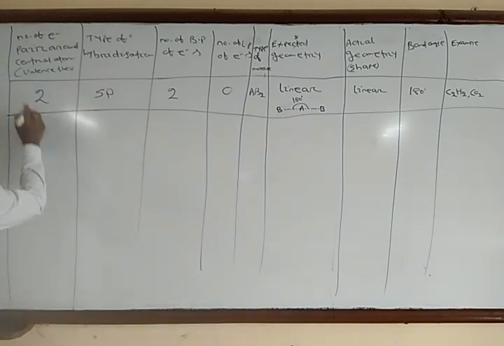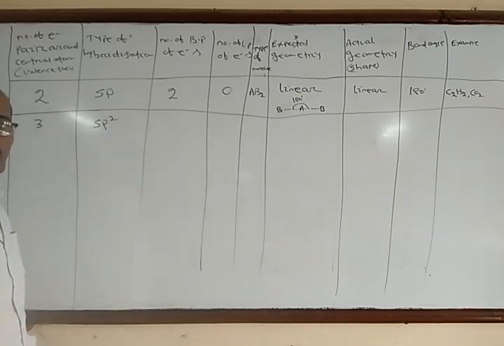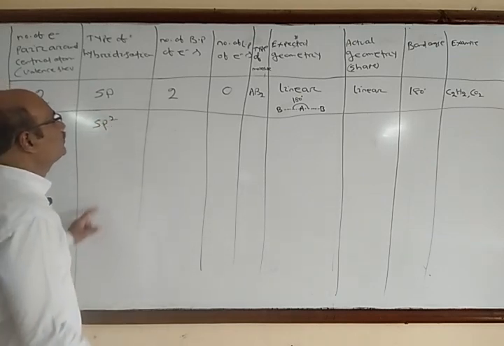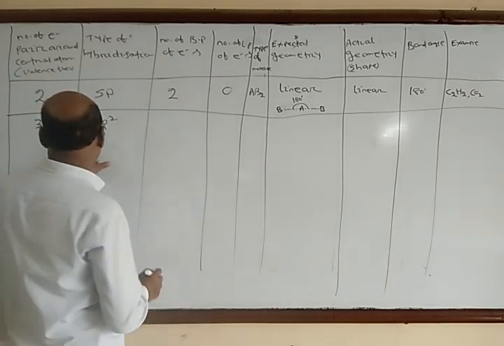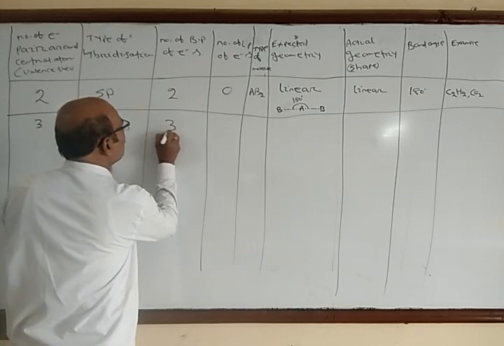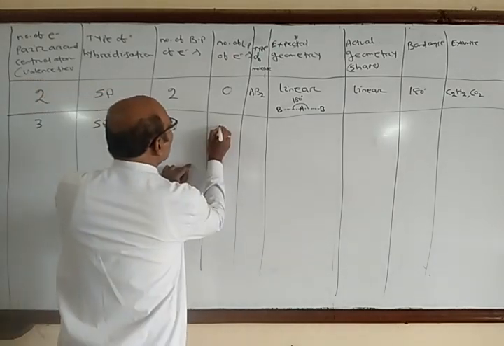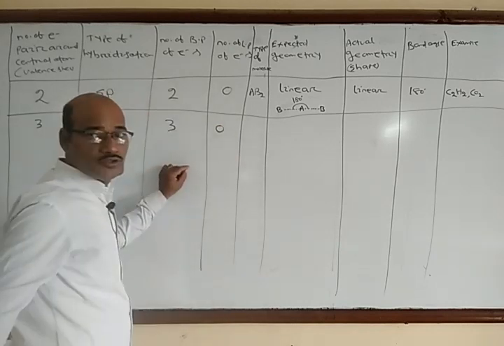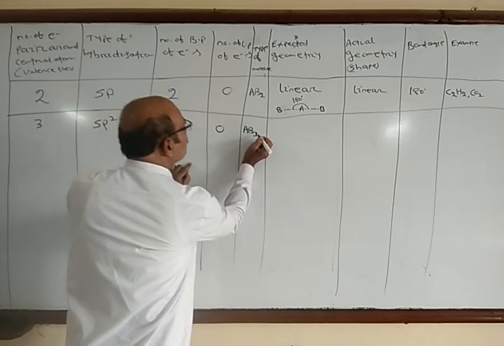If the number of electron pairs around the central atom is 3, the hybridization will be sp2. Here the number of bond pairs of electrons, all 3 may be bond pairs, with a lone pair of 0. So the molecule will be AB3.